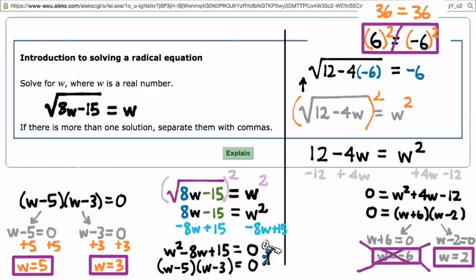But what it means is that we can give this operation two different numbers as input, and it spits out the same number as output. 6 and negative 6 are different, but they have the same square. So when we squared both sides, we lost that distinction between 6 and negative 6. It became unimportant, which is what allowed negative 6 to show up in the solution of our equation, even though if we roll the tape all the way back to the original equation, it doesn't work.